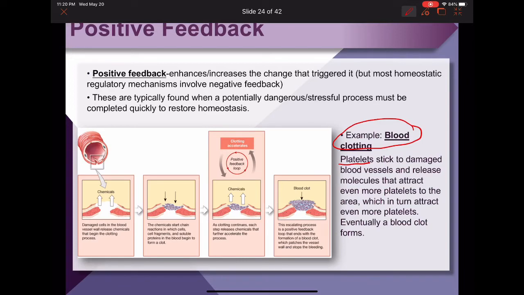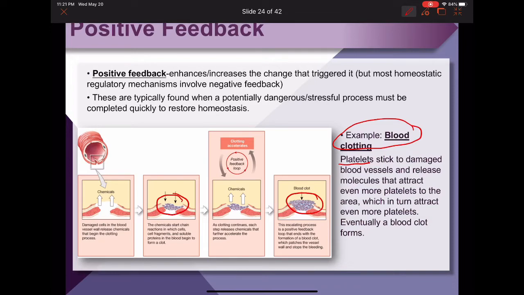Okay, so all the platelets come around and then start sticking all over that open cut, eventually creating a blood clot that would very quickly close up the wound. Okay, so that's what that positive feedback is doing. It's enhancing that reaction of platelets recruiting more and more and more to come together to close up the wound and restore the homeostasis of your blood circulation, and you're not bleeding to death.